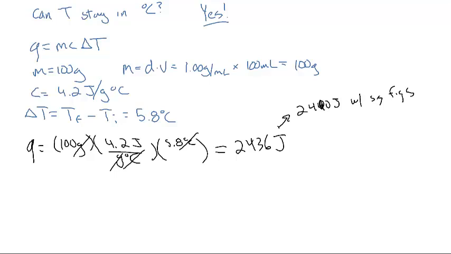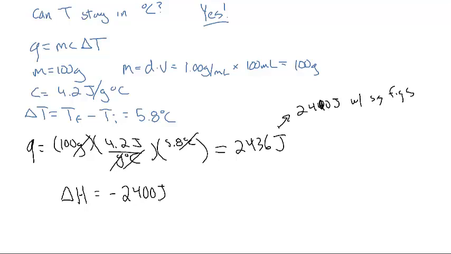If it asked you for the delta H of the reaction, sorry, you guys don't know delta H yet. So if it asked you for the change in energy of the reaction, it would be negative 2,400 joules. So you have to watch your wording. The reaction released 2,400 joules of energy. The change in energy for the reaction was negative 2,400.